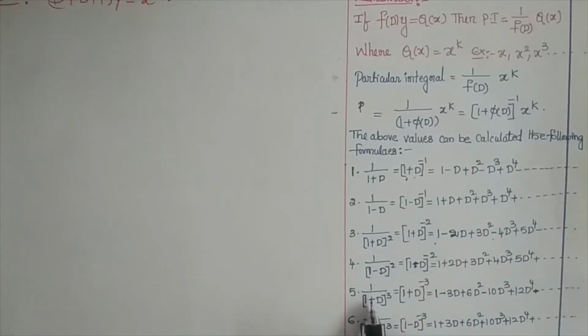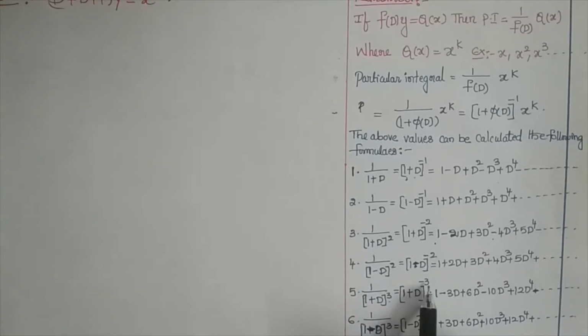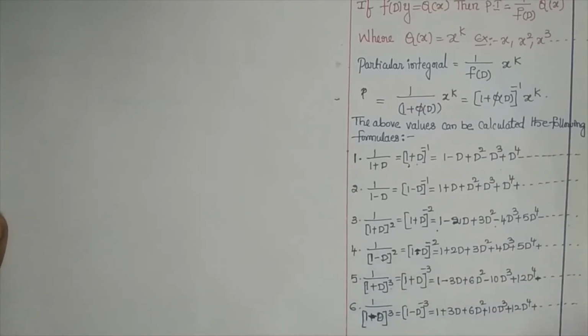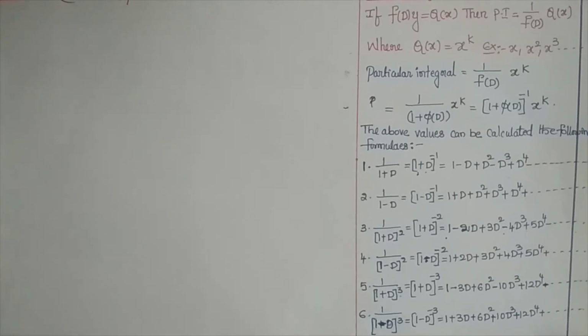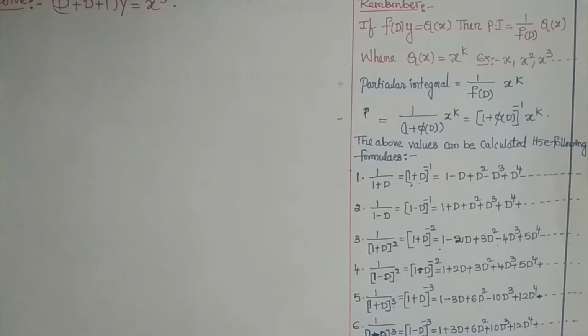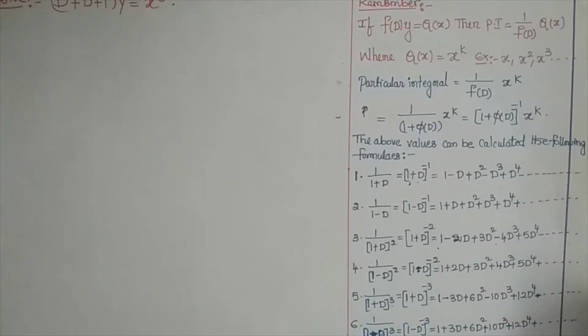Similarly, 1 by 1 plus D whole to the power of 3 can be written as 1 plus D whole to the power of minus 3, which is 1 minus 3D plus 6D square minus 10D cube plus 15D power 4 minus and so on. Similarly, for the negative one, all are positive. Likewise we can define many formulas, but according to our problem it depends upon the Q of x. Q of x may be x power 2, which means it is enough to go up to D square, like that.